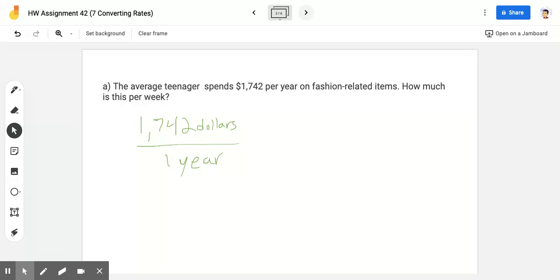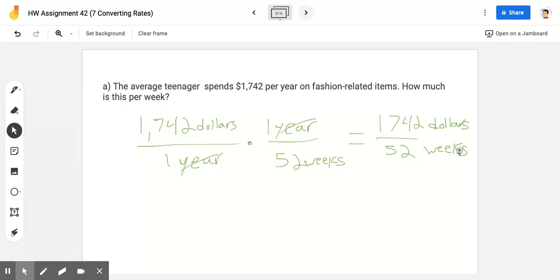So I'm going to multiply this by 1 year, and 1 year is equal to, well, the amount of weeks in a year is 52 weeks. And notice what happens here. My year units can then get canceled out, and I can multiply straight across. I'll be left with 1,742 over 52, and that's dollars in weeks.